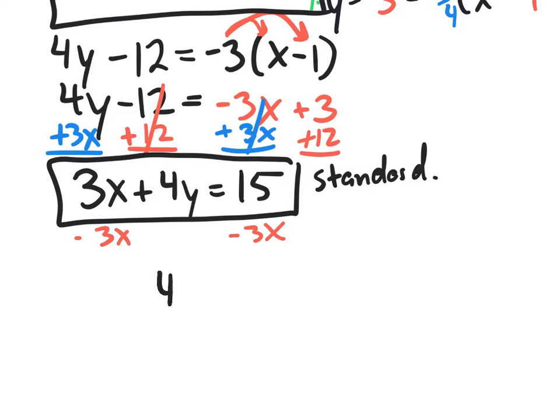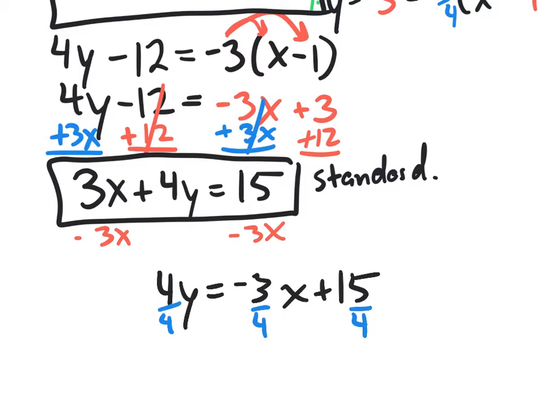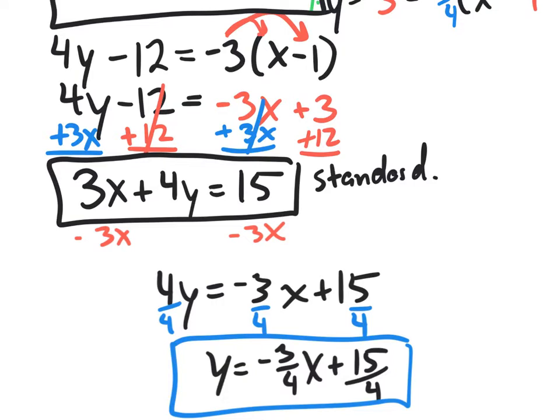You would have 4y equaling negative 3x plus 15. Finally, you would divide everything by 4. And you'd have y equals negative 3/4 x plus 15 divided by 4. And that would be your slope-intercept form equation. So you could take any equation and change the way it looks to any other form that you'd like to change it to. Let's take a look at the homework.